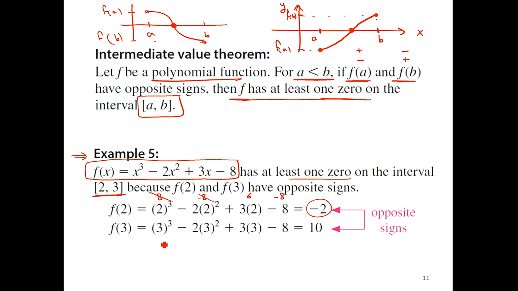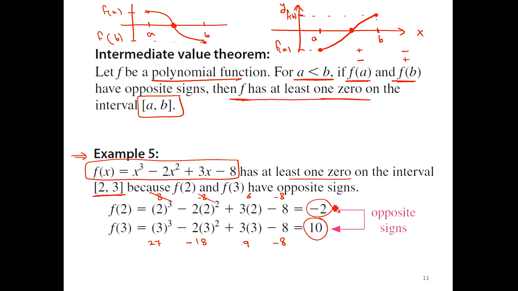After substituting 3, we have 27 minus 18 plus 9 minus 8. So 27 minus 18, we have 9. 9 plus 9 is 18. 18 minus 8 equals positive 10.